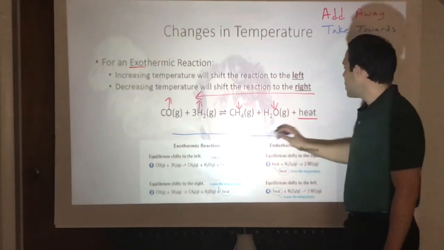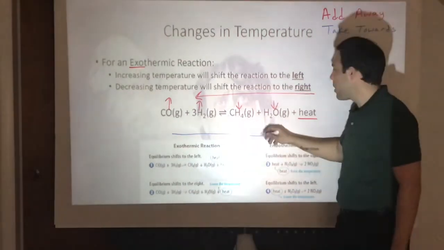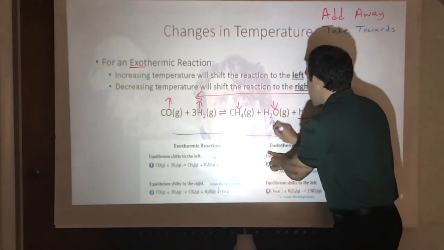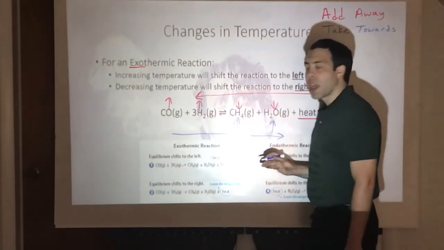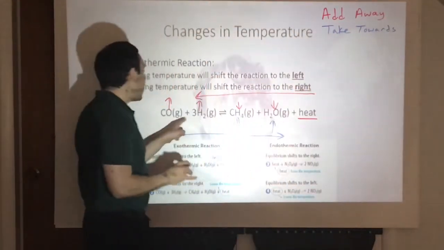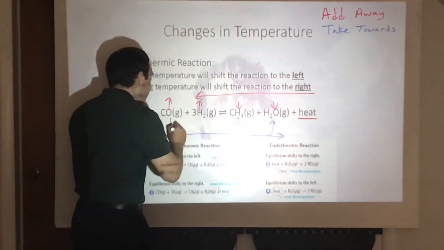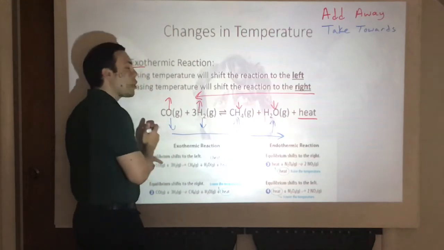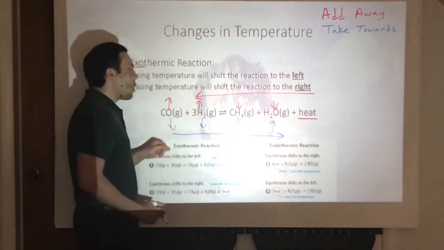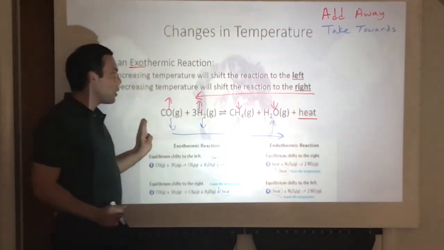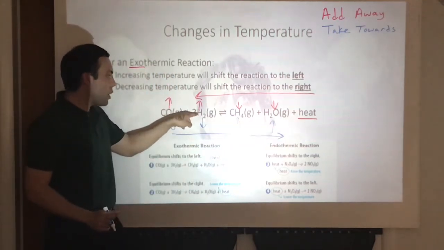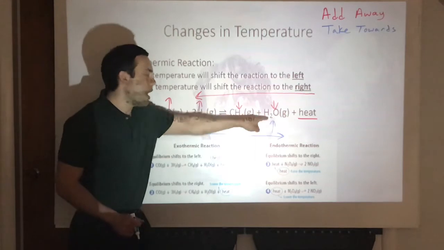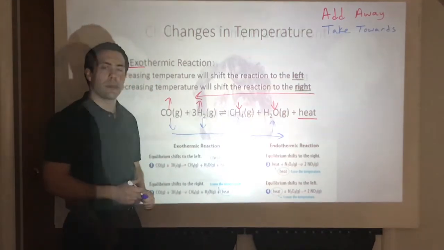As a result, the tip of the arrow would increase, so the amount of H2O would increase, the amount of CH4 would increase, and the reactants, CO and H2, would decrease. The reaction shifts to the right when you decrease temperature, take towards. So CO and H2 would decrease, while CH4 and H2O would increase.